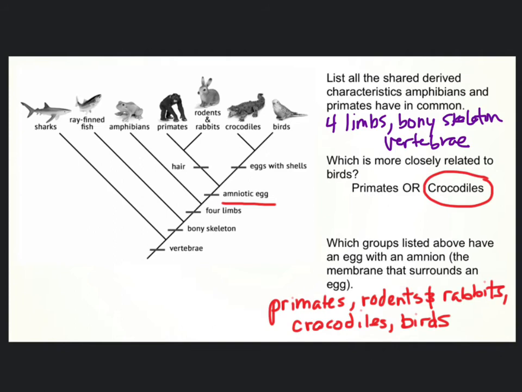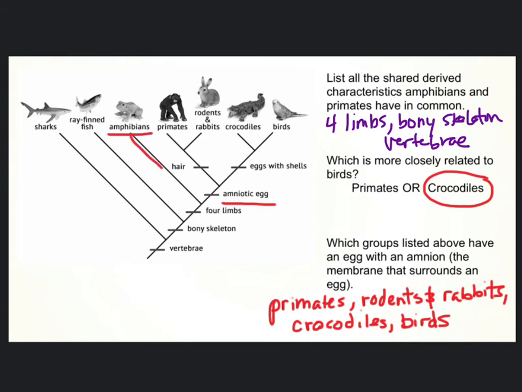I was seeing if anybody caught that. It's fertilized internally, it develops internally. In crocodiles and birds, it's fertilized and then cast out of the body, hence the shell. But in humans, it's fertilized internally. In all primates and in all rodents and in all rabbits, it's fertilized internally, develops internally. But it's still got an amnion.